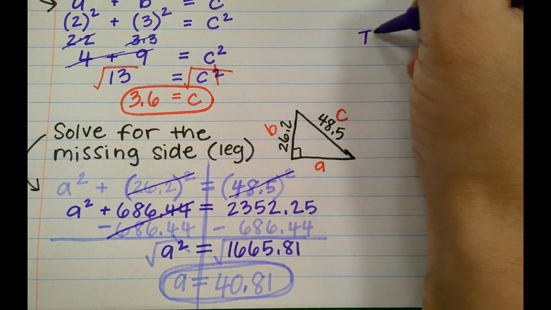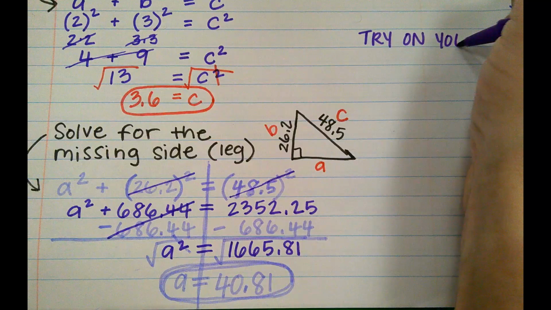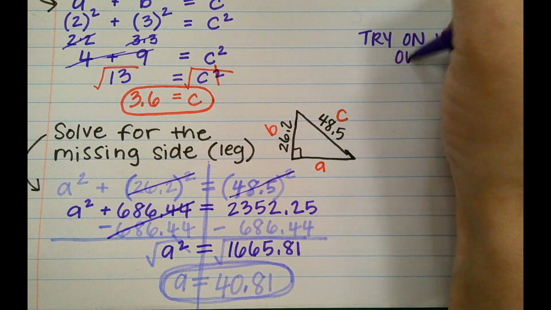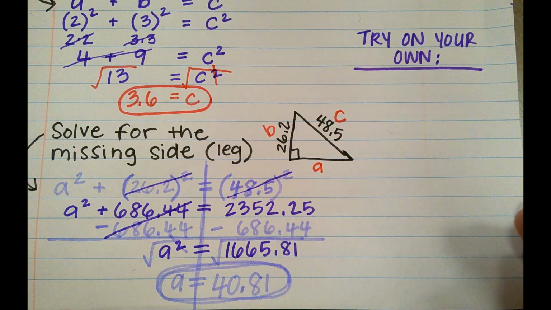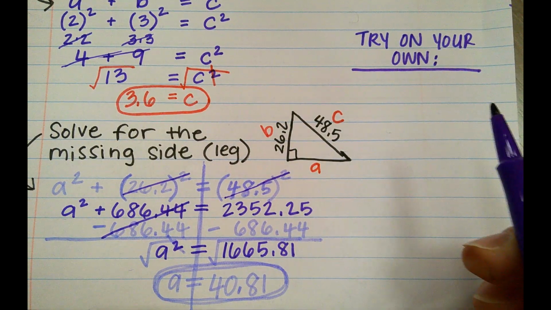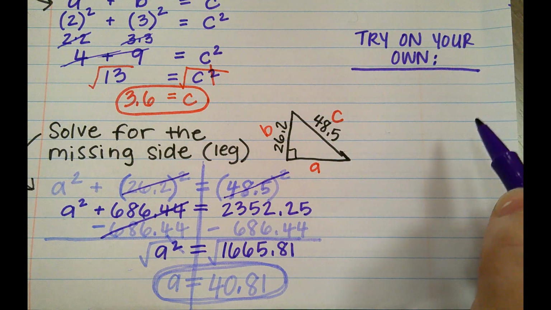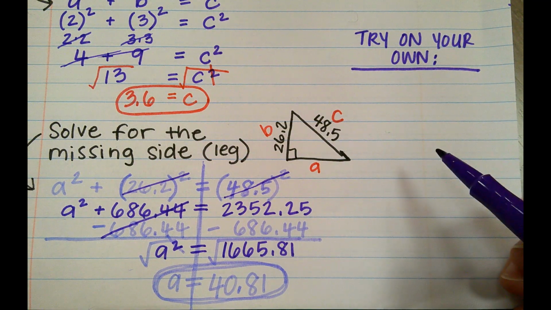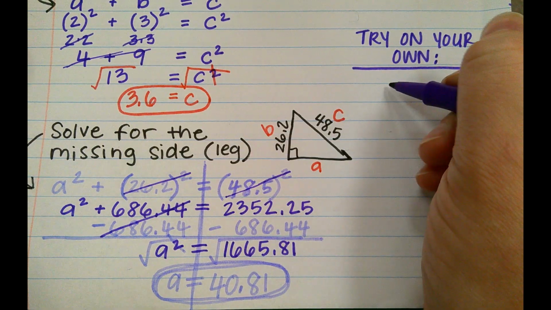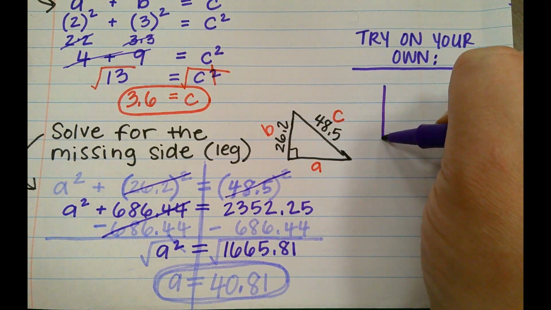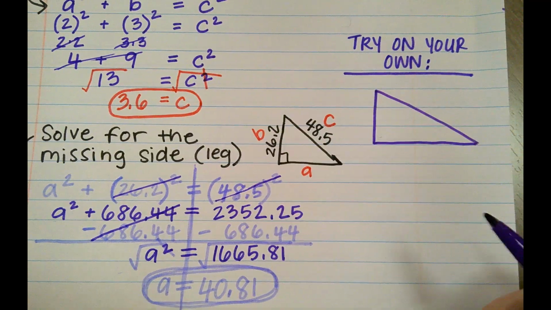So try your best. While you're trying that, I'm going to make copies of the exit ticket so that we've got it. Try on your own. The triangle I'm giving you is like this.